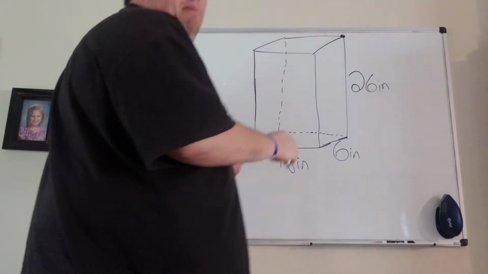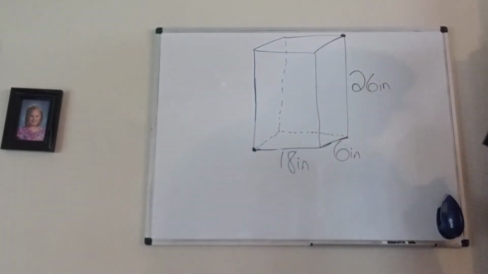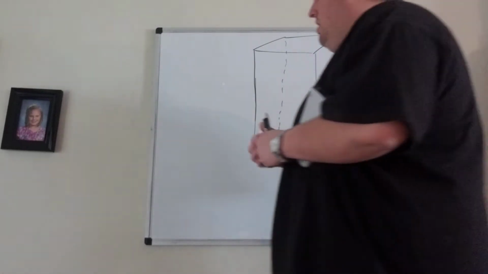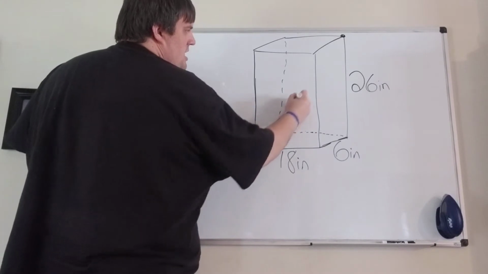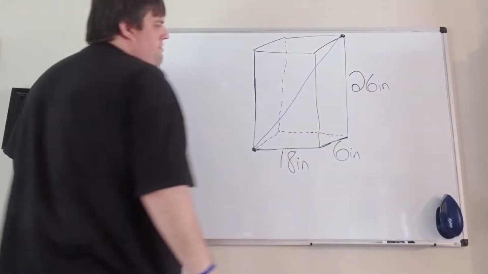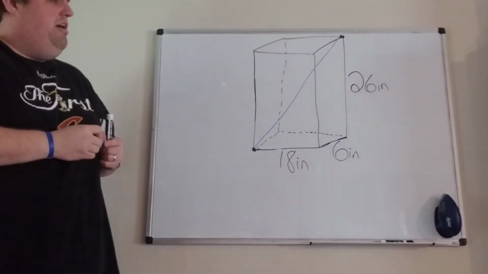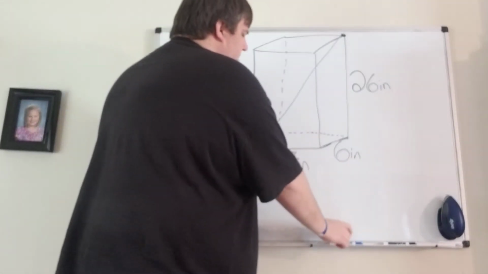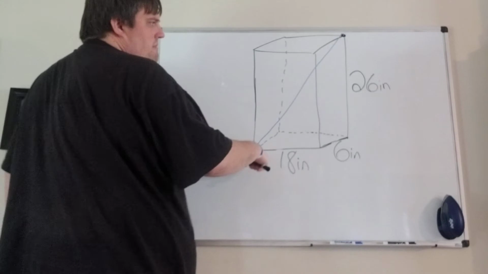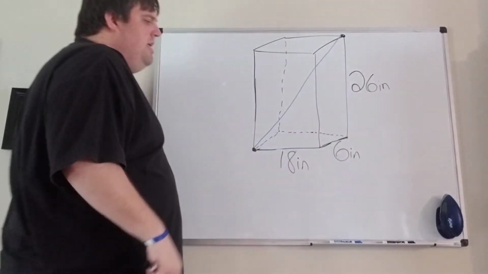So let me grab another color. So let's say I'm looking for this blue line, right? Hopefully the box makes sense to you because it's three-dimensional. But from one corner of a box to the very top corner.